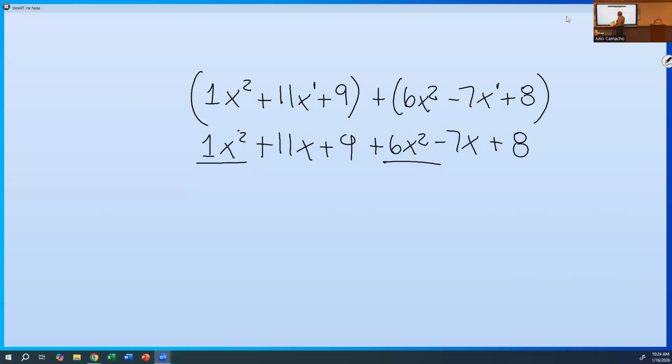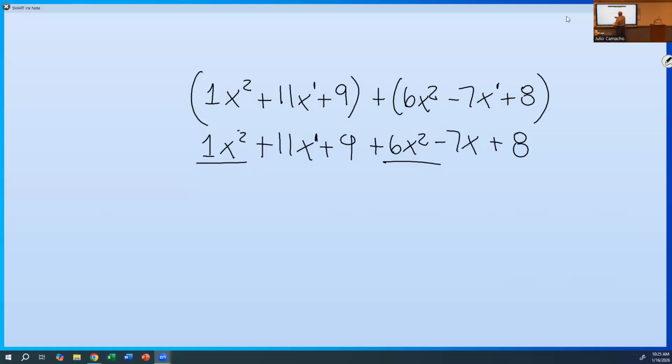I cannot say that 1x squared and 11x are like terms. Even though both have the same variable, the same letter, this one is raised to the 1 power and this is raised to the 2nd power. To be like terms, they have to have the same variable and they have to be raised to the same power. So let's start to combine.